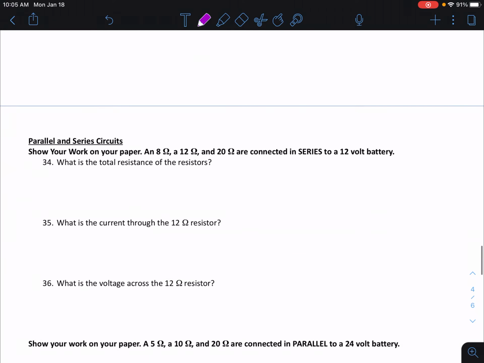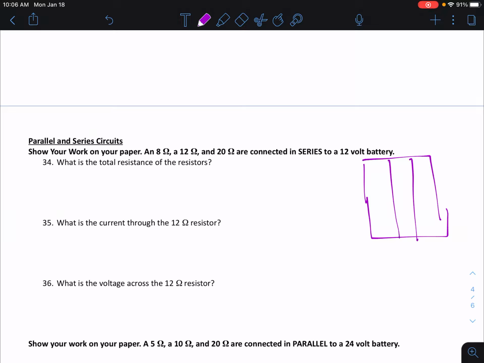Number 34, show your work on paper. You have an 8, 12, and 20 ohm resistor connected in series to a 12-volt battery. Whenever you do these, it makes the most sense to go ahead and make the little diagrams that we did in our assignments.